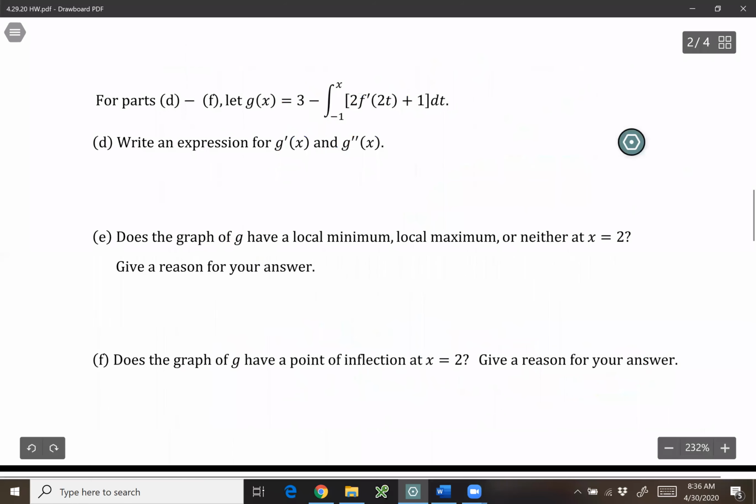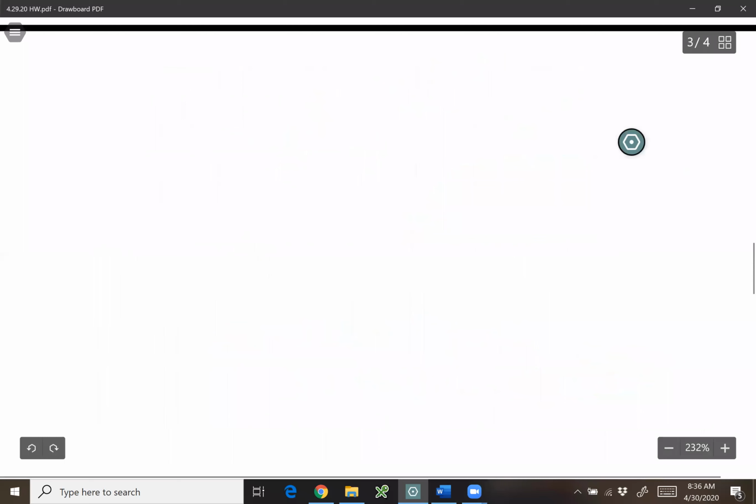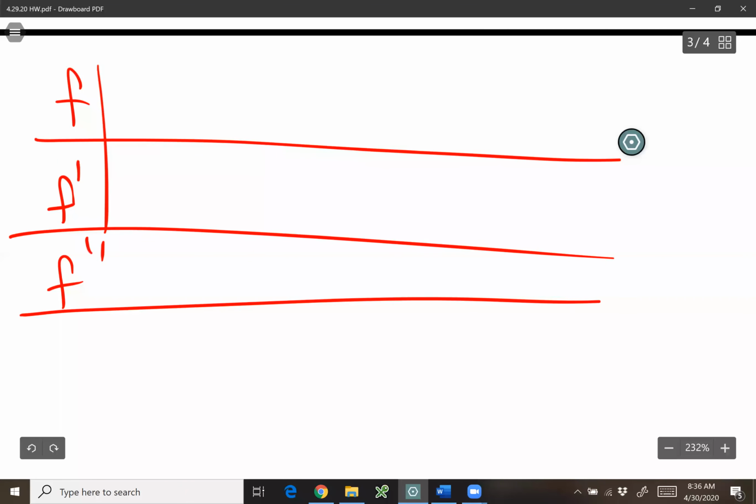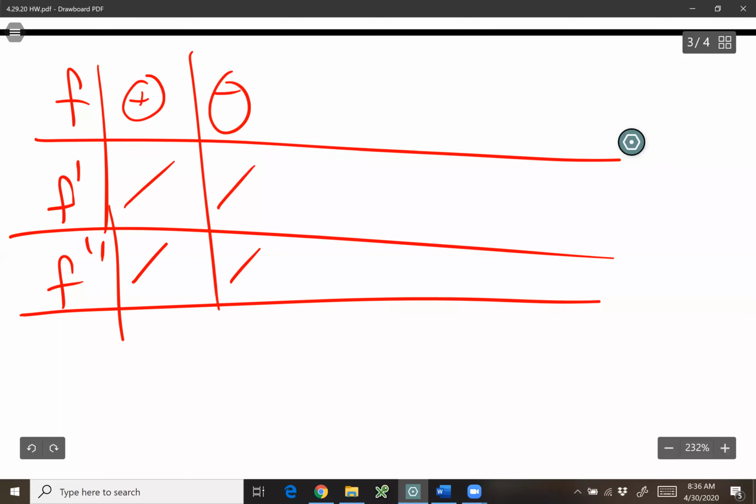is, remember that I think we had a chart at one point. We made a chart of what's happening to f, f prime, f double prime, right? When f of x was positive, we don't know anything about f prime. When f prime is negative, we don't know anything. When f prime was 0, we don't know anything.